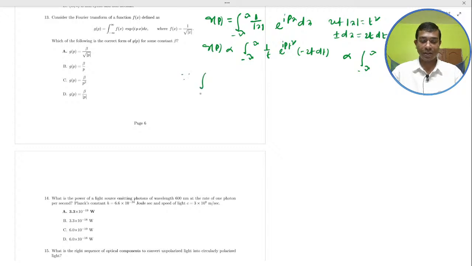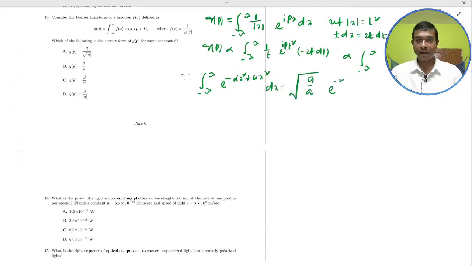So as the integral minus infinity to infinity e to the power minus ax square plus bx dx, this is equal to what? Square root of pi by a exponential b square by 4a. This is the standard integral. That means a equal to ip and b equal to 0.